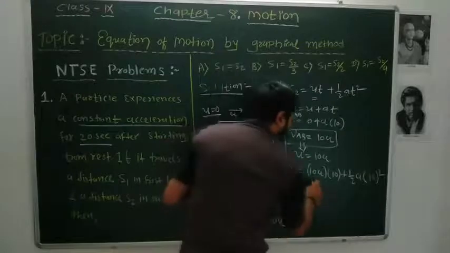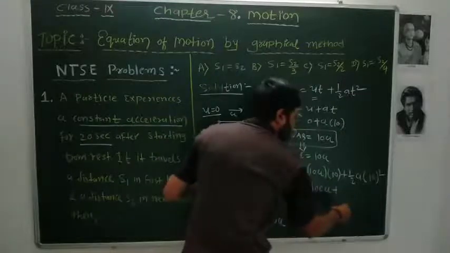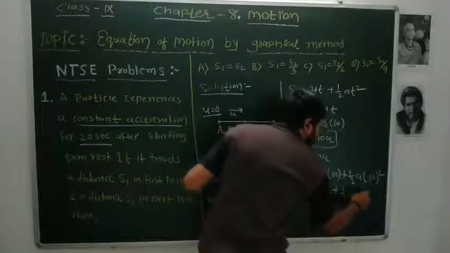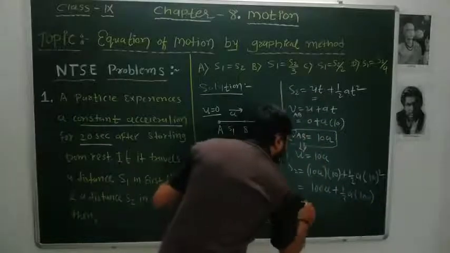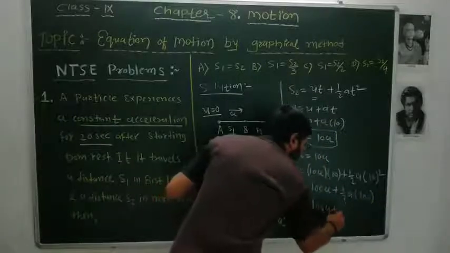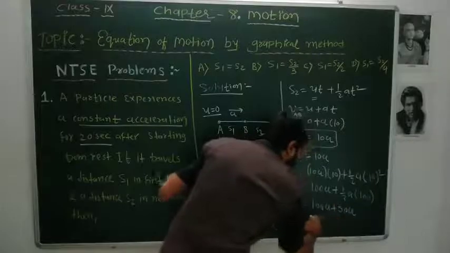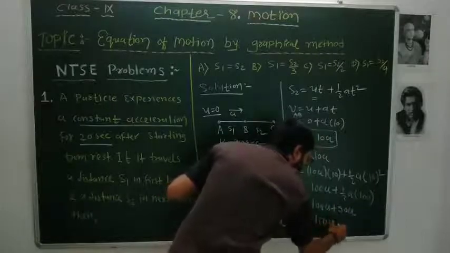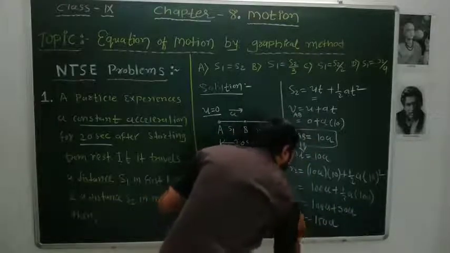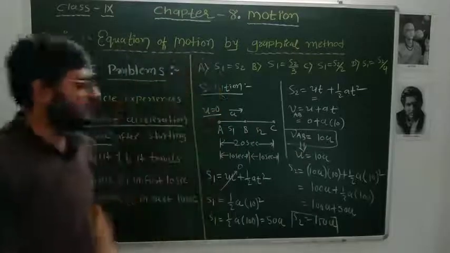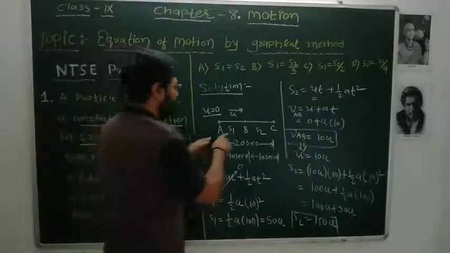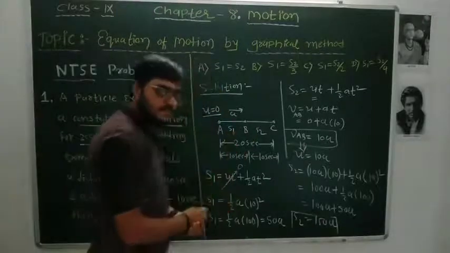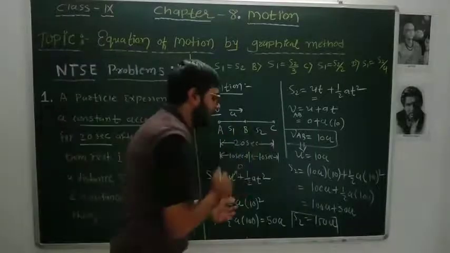So here what we get is 100A plus half A 100. So here we get 100A plus 50A, then finally 150A, S2. So here we find out the displacement from A to B, S1, and B to C, that is S2.